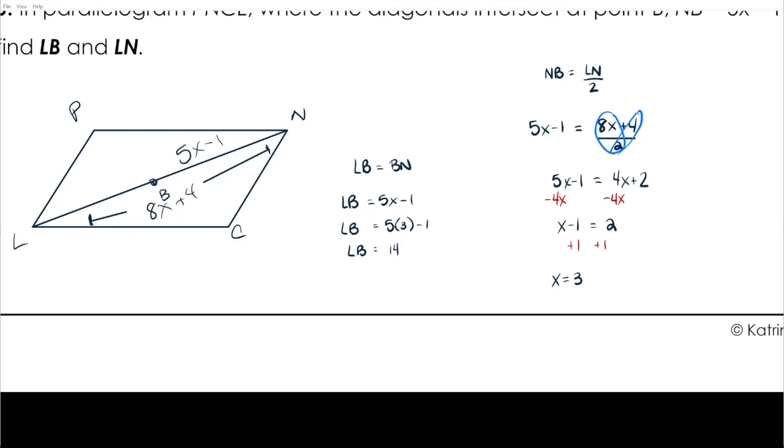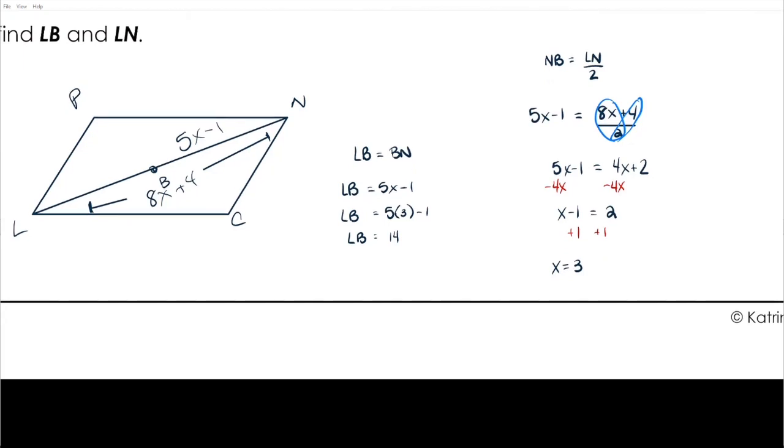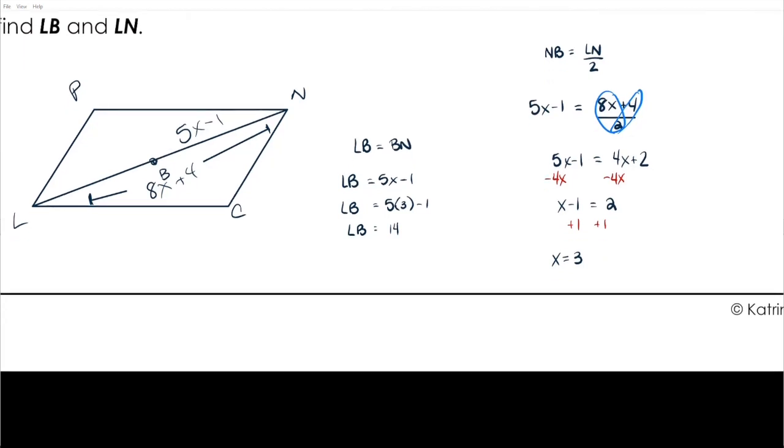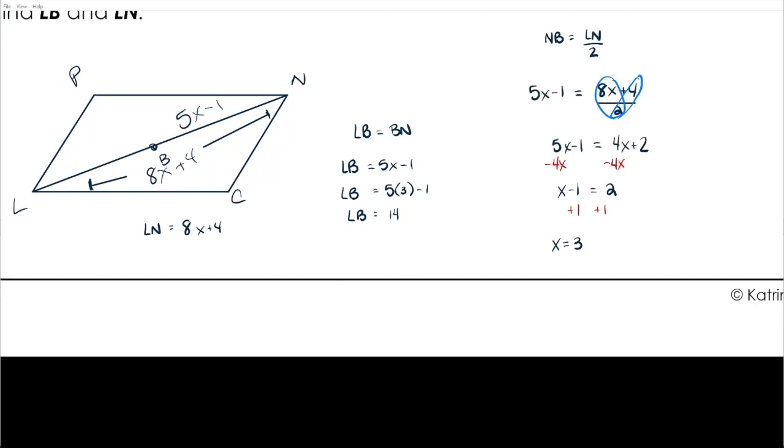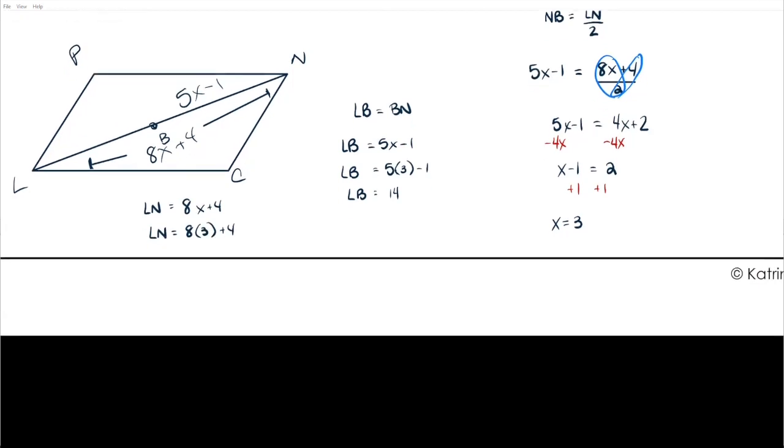Since we know LB is 14, and it's going to be equal to BN, that whole line better equal 28. So that's what we're going to do. We're going to go LN equals 8x plus 4. We get 8 times 3 plus 4, which is 24 plus 4, 28.